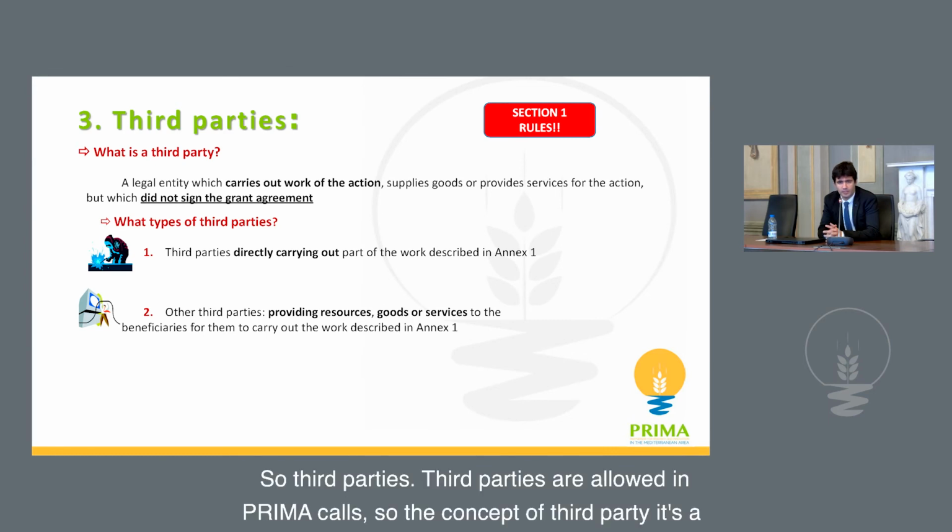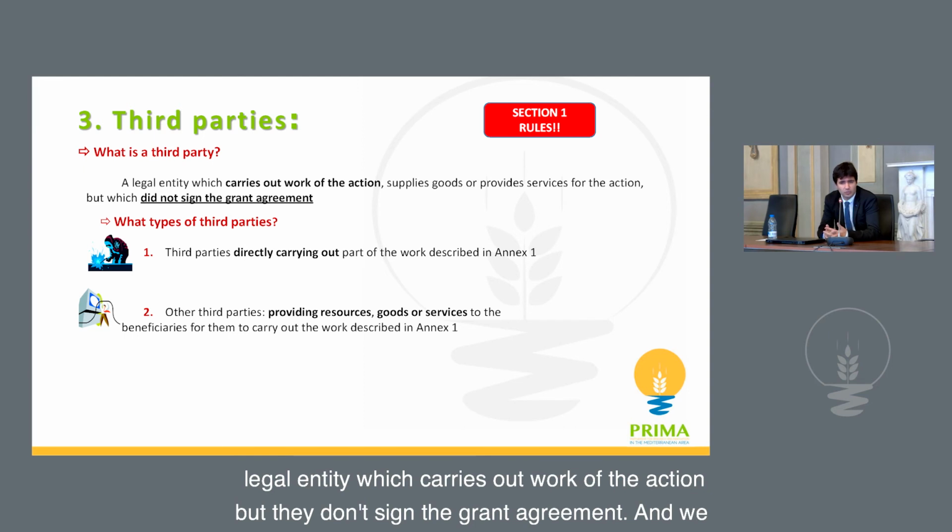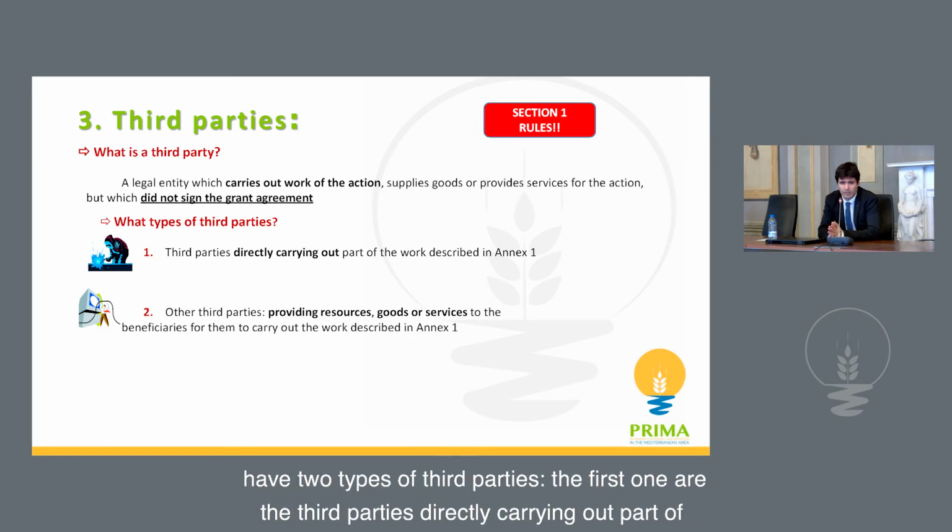Third parties are allowed in PRIMA calls. The concept of a third party is a legal entity which carries out work of the action, but doesn't sign the grant agreement. We have two types of third parties.